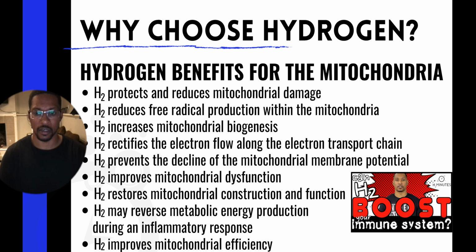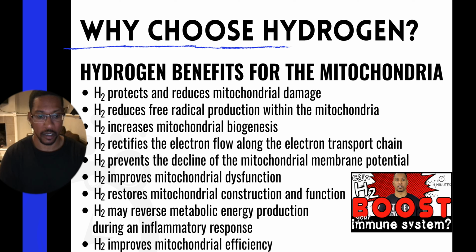It does this by regulating the PGC1 alpha pathway, which is amazing. It can also improve mitochondrial dysfunction, which is tied to a lot of different diseases. It can restore mitochondrial construction and function, so it can help the cell build more mitochondria and improve their function.